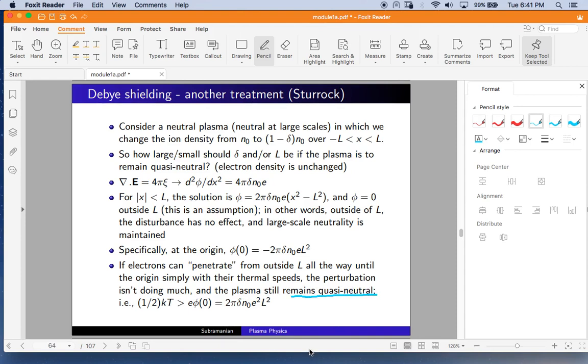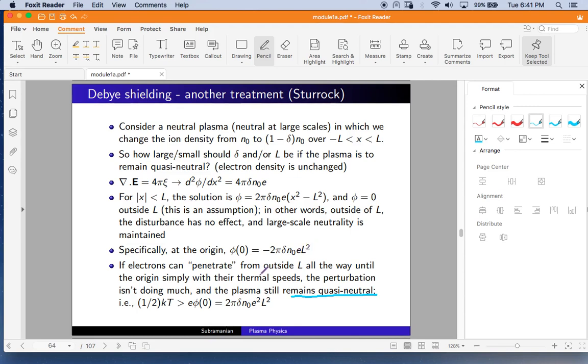Okay, the plasma can still be thought of as quasi-neutral as long as the electrons are able to oppose this potential barrier and penetrate simply by virtue of their thermal speeds.